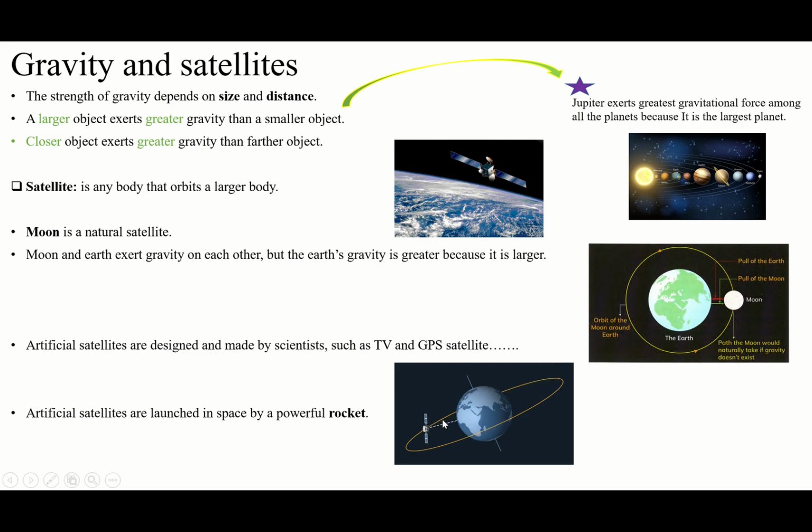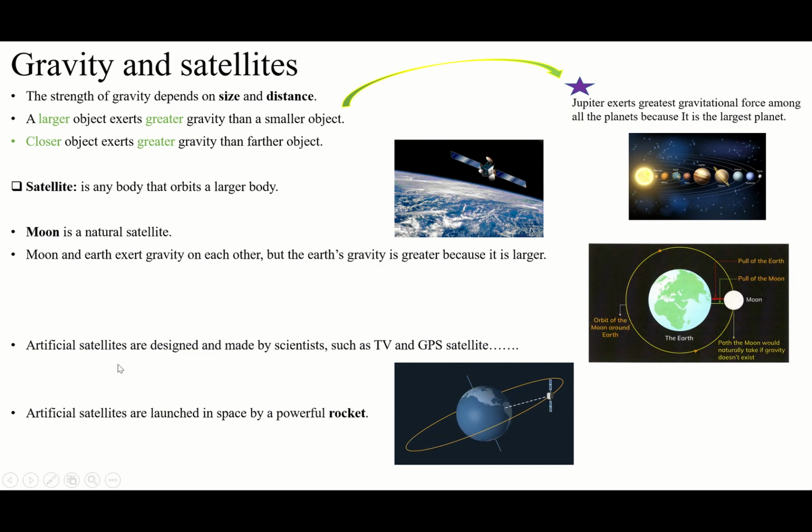These are artificial satellites. Why? Because scientists made them. Scientists designed them, and they send them to space to orbit the Earth, to move around the Earth, to take the information from the Earth and send it to us.